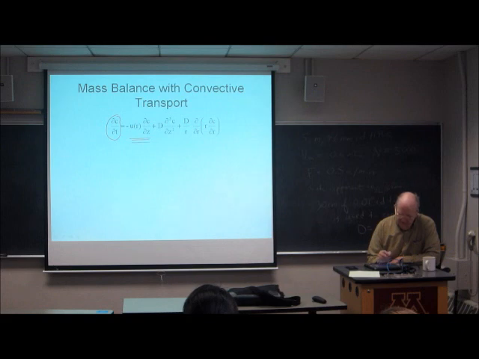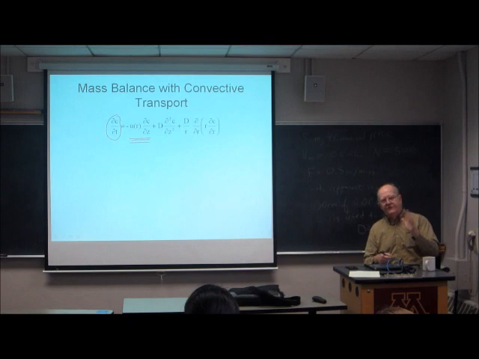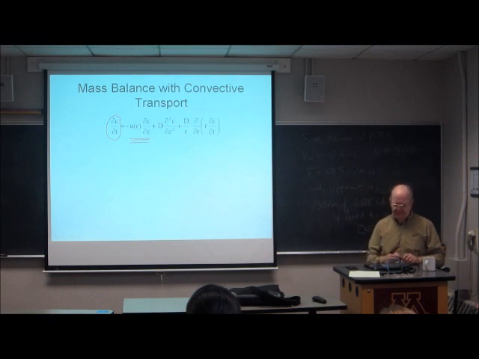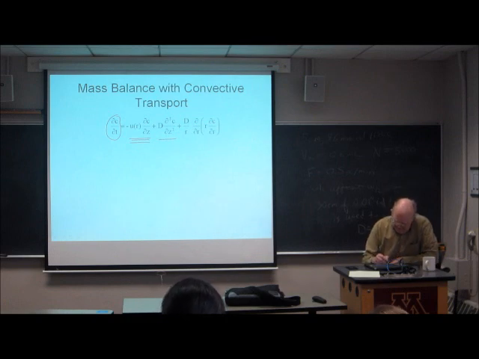This is the net rate of convection of solute into and out of the cell, just like you did the other day in the mass balance problem I had you work through. This is your longitudinal diffusion into and out of the cell.